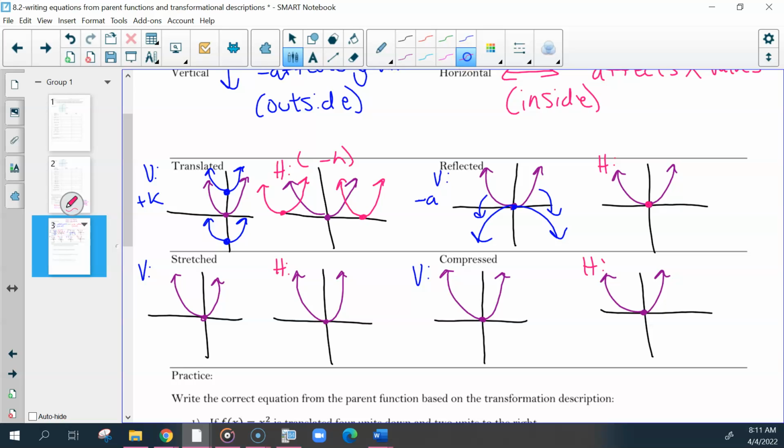So I'm just going to draw this kind of over top of this. And to show that it was flipped over the y-axis, I'm just going to kind of go like this. So it went like this. If there was a horizontal reflection, we have a negative x on the inside.